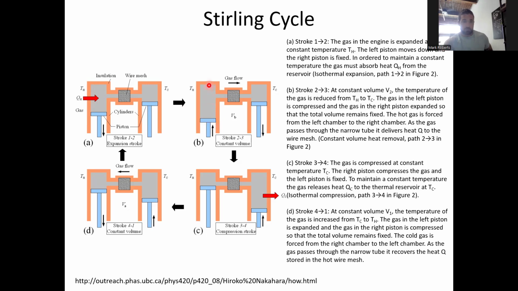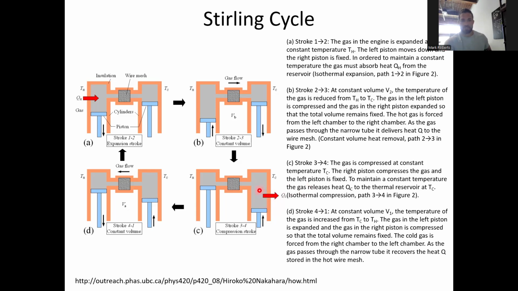After this expands, the gas is going to move from one side to the other. Then this piston is going to compress while this piston is expanding, and then this piston remains stationary while this piston rejects the heat to the cold side.